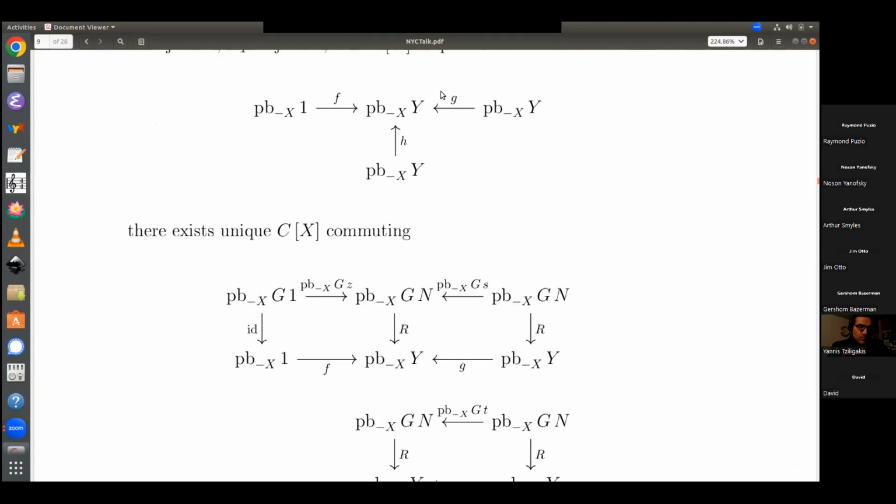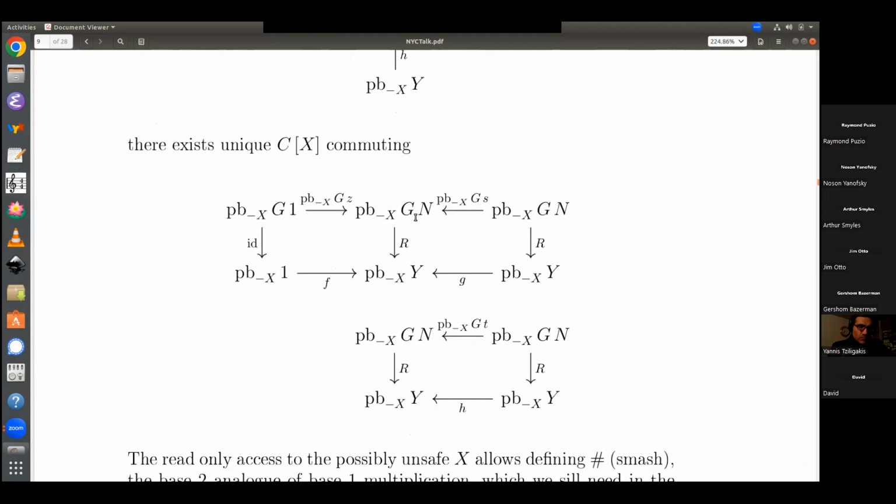So now in safe recursion, I'm going to take that tier 0 natural number object, and I'm going to make it tier 1 by applying the G endofunctor. In num 2, this would be natural numbers going down to 1. When I apply this, it becomes natural numbers by identity going down to natural numbers.